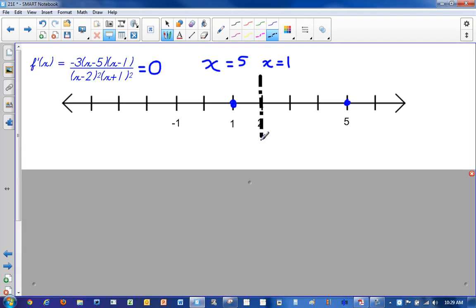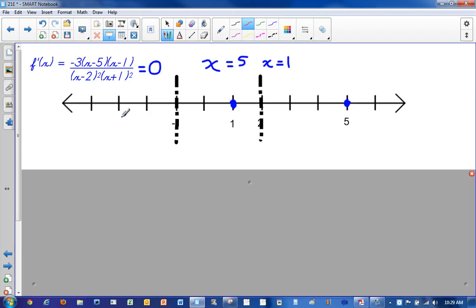So I'm going to put my vertical asymptote here and my vertical asymptote here. Now that I've split up the domain using my stationary points and my asymptotes, I'm going to look at what's happening between these points. So this one was negative 1. Sorry, I kind of blotted that out.